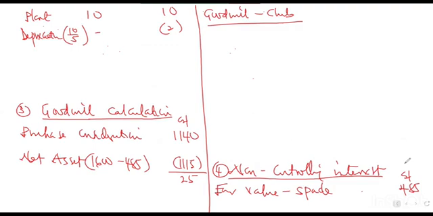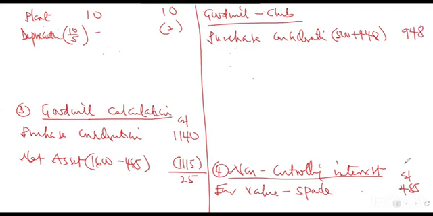So we have the purchase consideration for the parent now. Purchase consideration for the parent will now be 500 plus 448. How much are we having? $948.